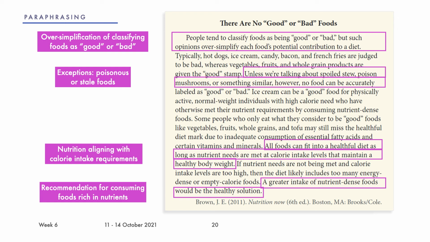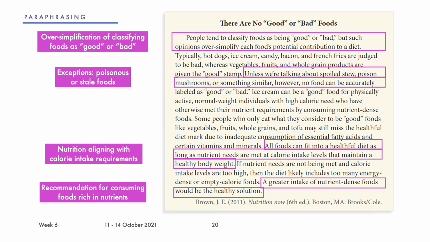After identifying the main message, the main idea of the passage, by reading the topic and concluding sentences and highlighting the main ideas that would resonate with the title of the passage, now I would jot notes right next to the passage or the highlighted parts. For example, the topic sentence would become something like oversimplification of classifying foods as good or bad.